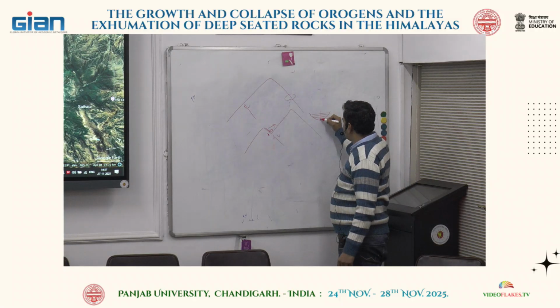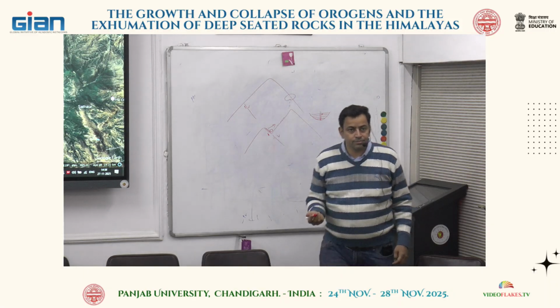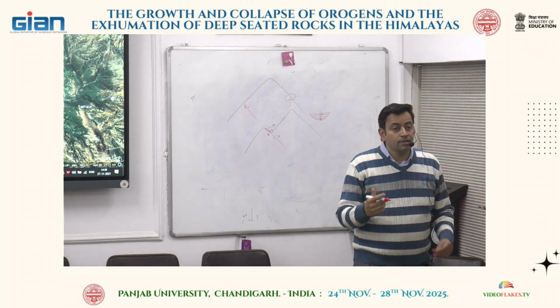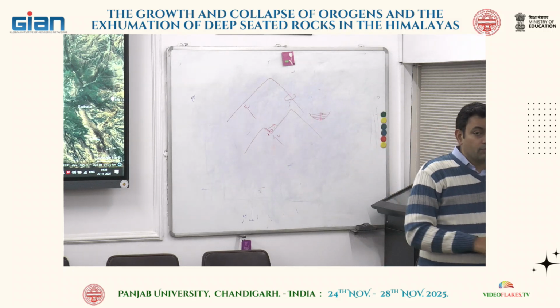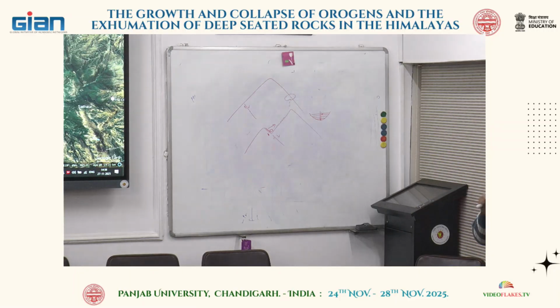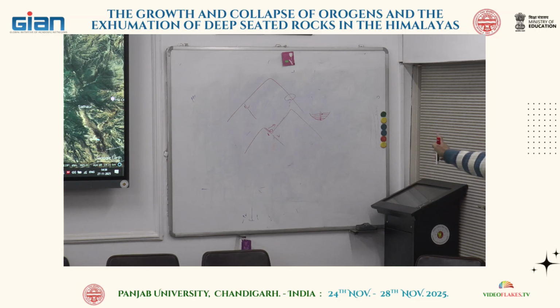We can do drilling, take out these samples, and these can be dated. When we date that, we know approximately the age of the formation of this sag pond, and then we can put some constraints on when this fault was active.